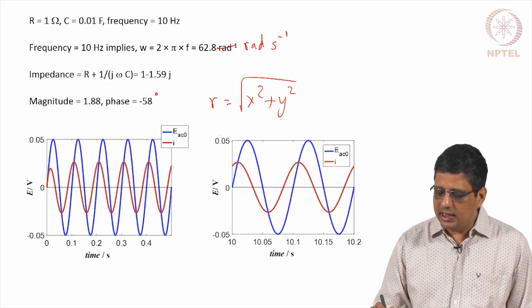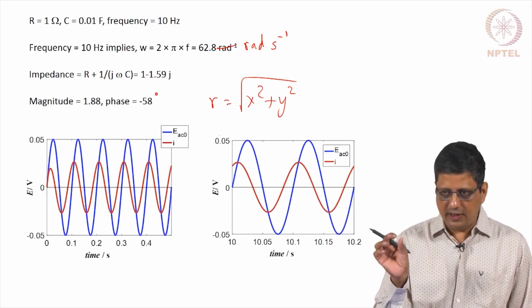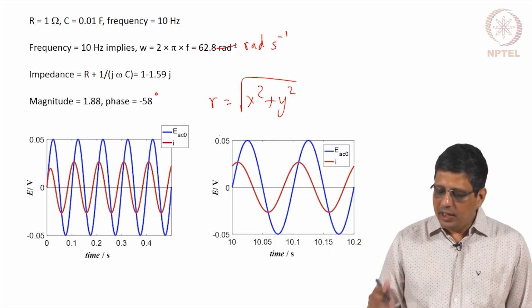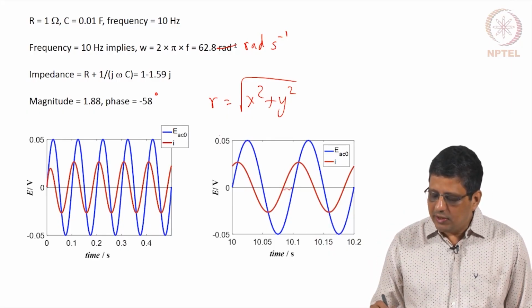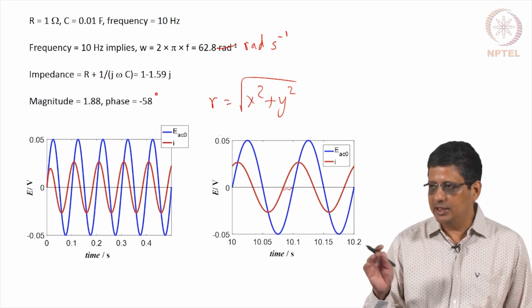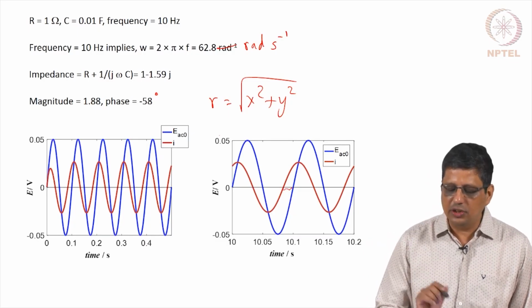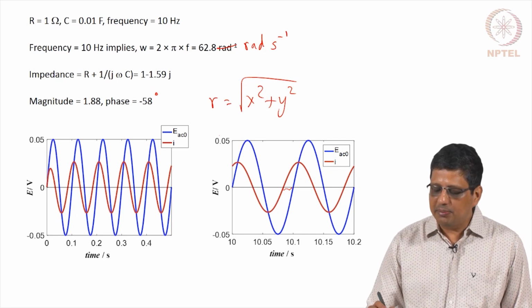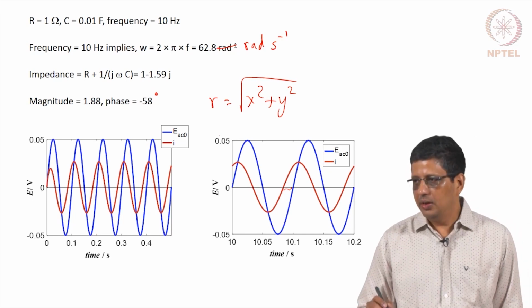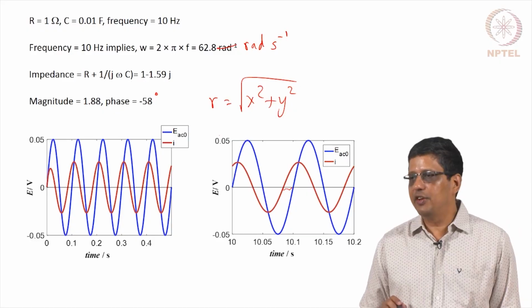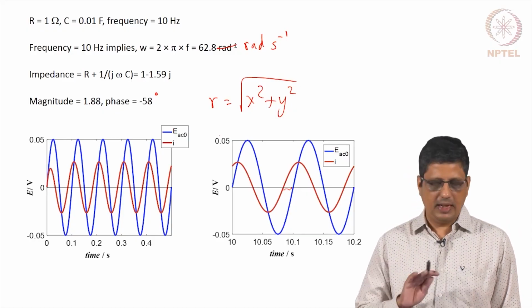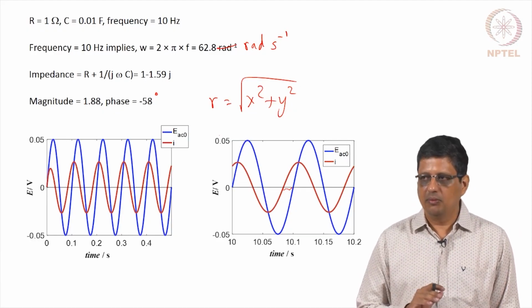The distance here in the time scale will tell us the difference. So, we find this distance divided by the entire period multiplied by 360 should give us the phase difference, and that should come to 58. Since the current comes before the potential, 58 here will become minus 58 for the impedance. That is a slightly better way of doing it.